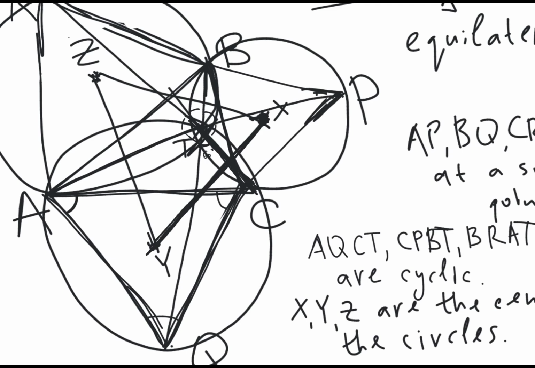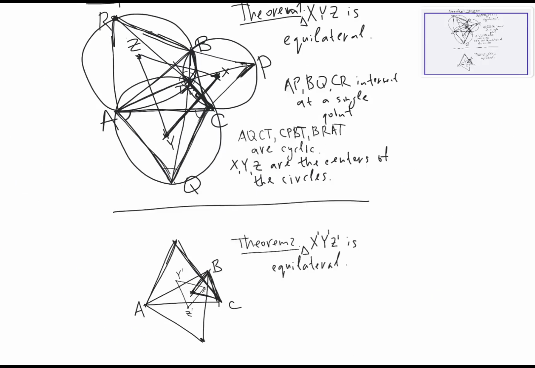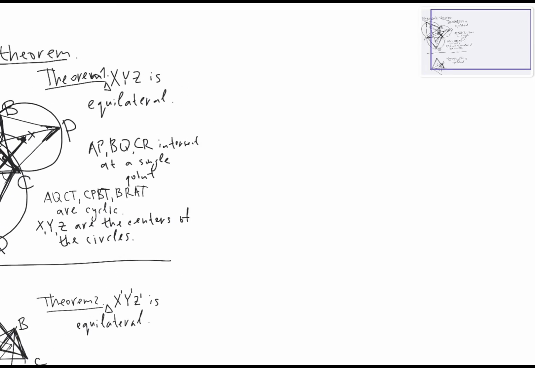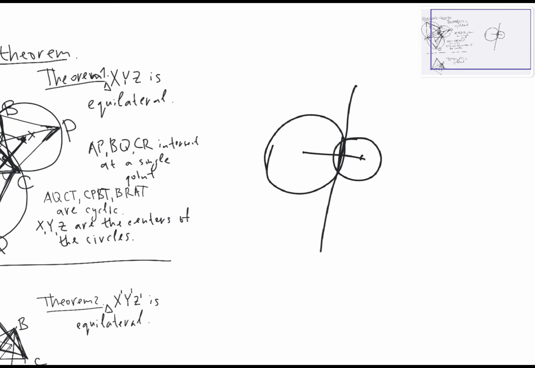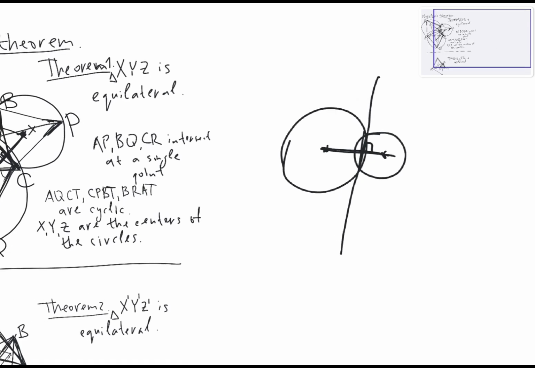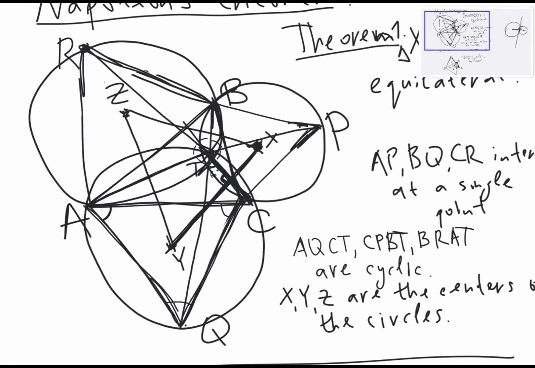And it is a well-known property that they are perpendicular to each other. Let's draw it separately. If we have two circles, then the line containing the common chord is perpendicular to the line connecting the centers of the circles. This is a well-known property.